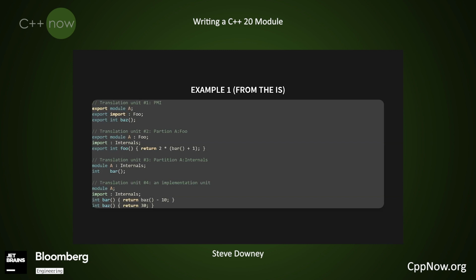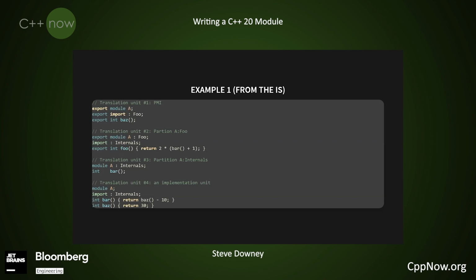Translation unit 2, partition A:foo. So we export module A:foo. We're going to import the internals partition, and we export a function foo, which uses the function bar that comes from the internal partition, which is not exported anywhere.